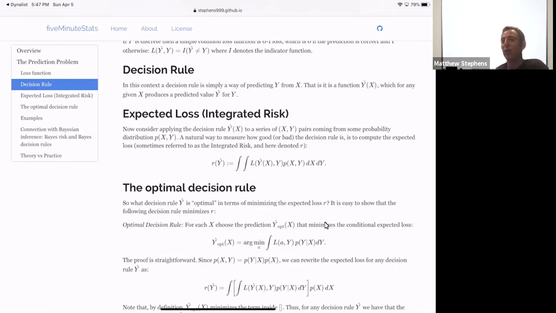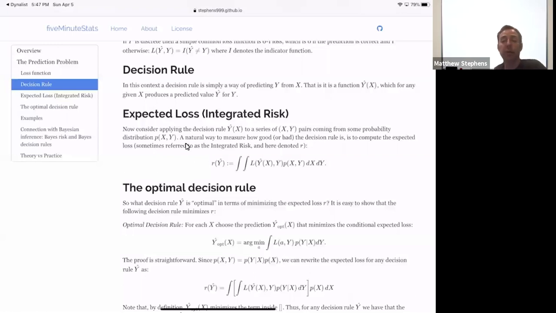So you have to think about applying this decision rule to a series of XY pairs where you're given X and you have to predict Y. These XY pairs come from some joint distribution, P of X and Y. So imagine you've got a decision rule and you're applying it to examples X and Y generated from this joint probability distribution.